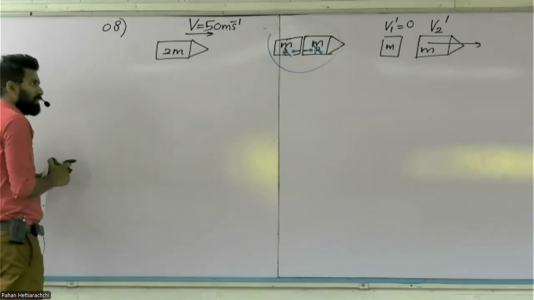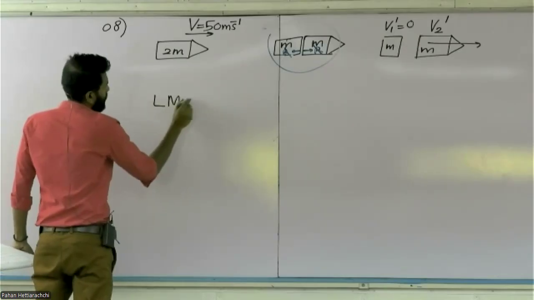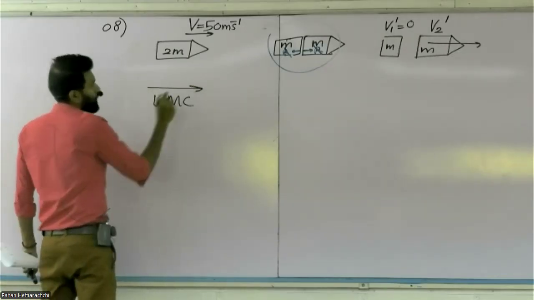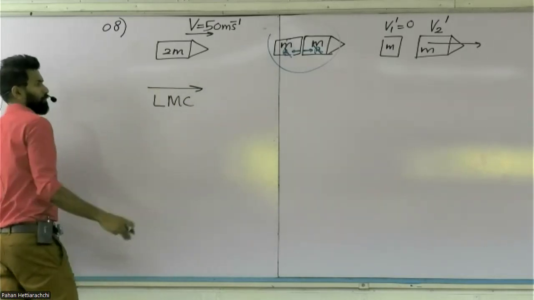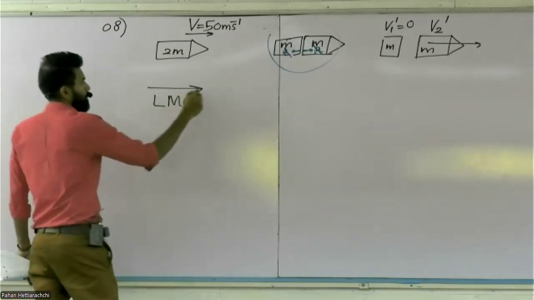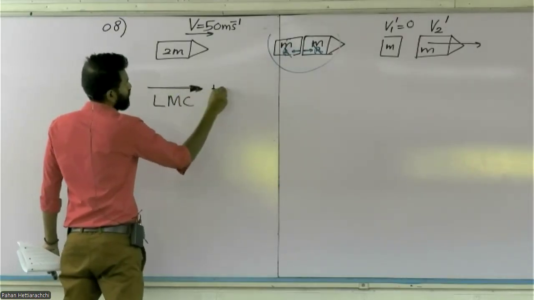So you can apply the linear momentum conservation, LMC, to the preferred direction, the initial direction that the rocket is moving. Applying LMC to the initial direction.